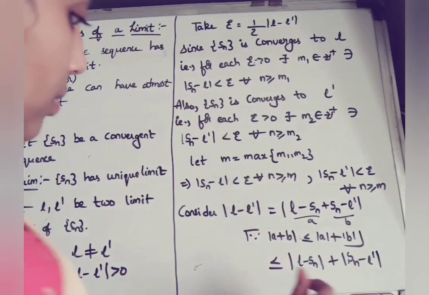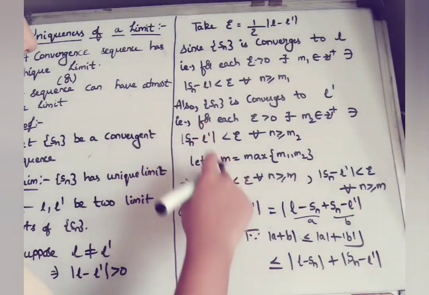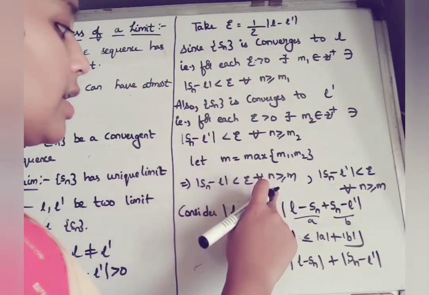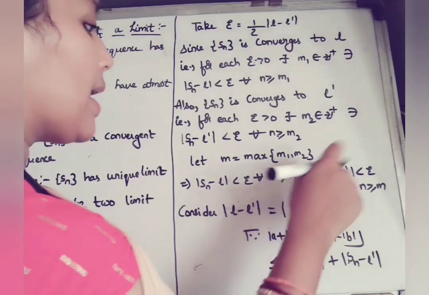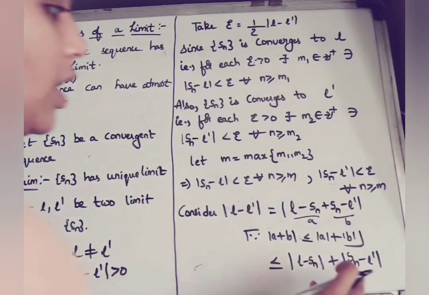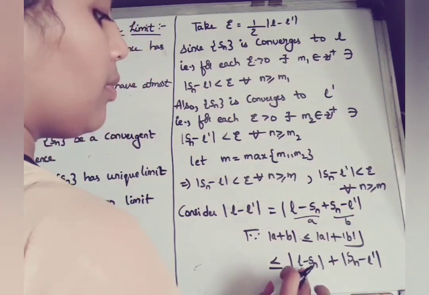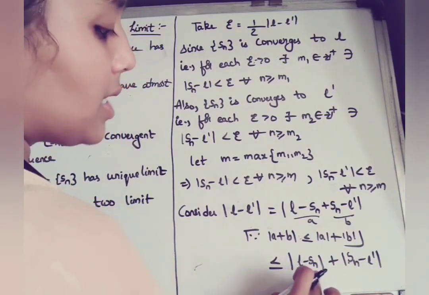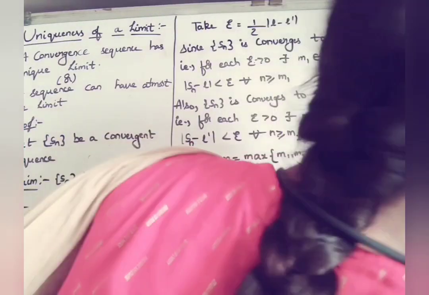Since we have mod Sn minus L less than epsilon for all n greater than or equal to m, and mod Sn minus L dash less than epsilon for all n greater than or equal to m. What do we have here? Mod Sn minus L dash. But here we have L minus Sn, so take minus common.